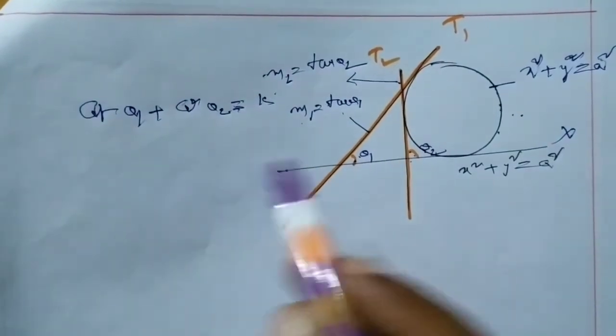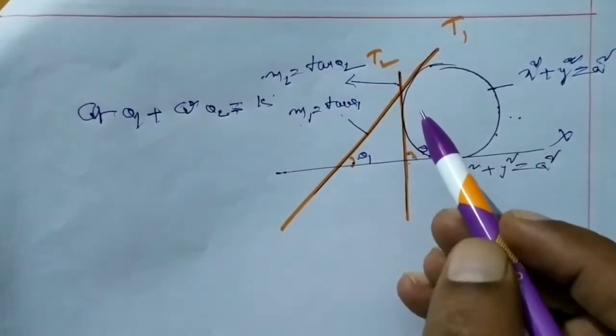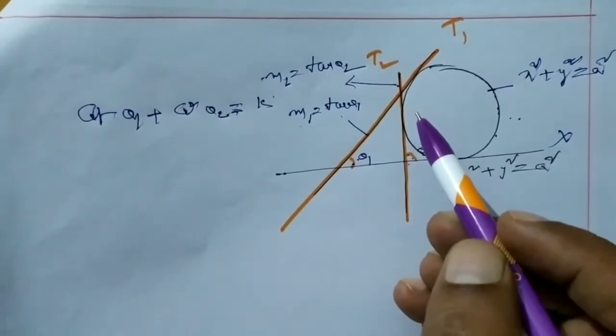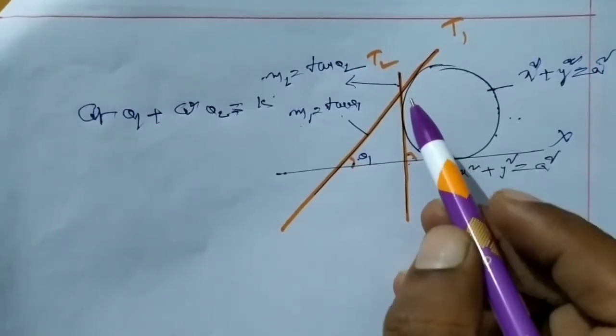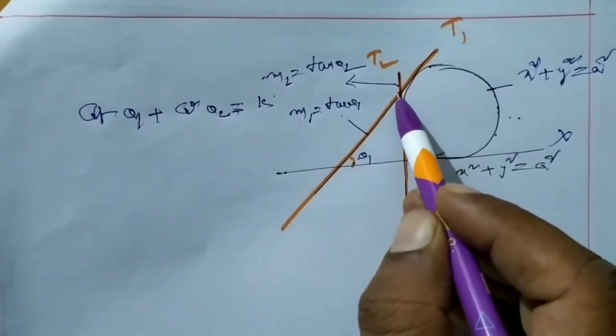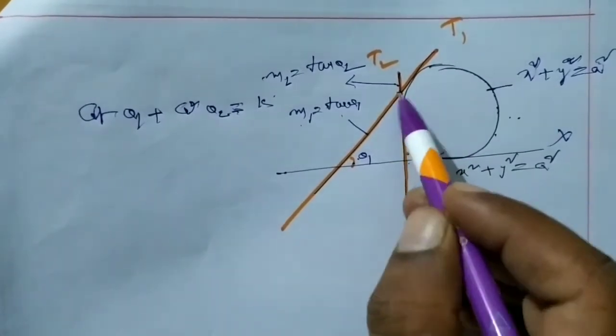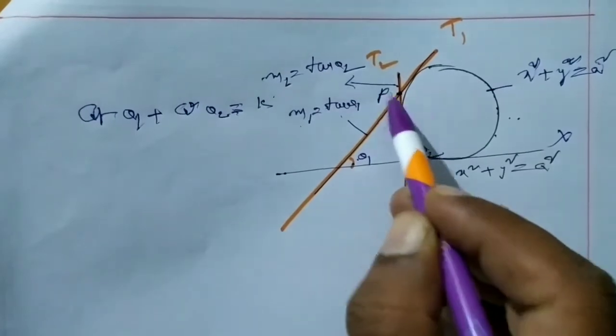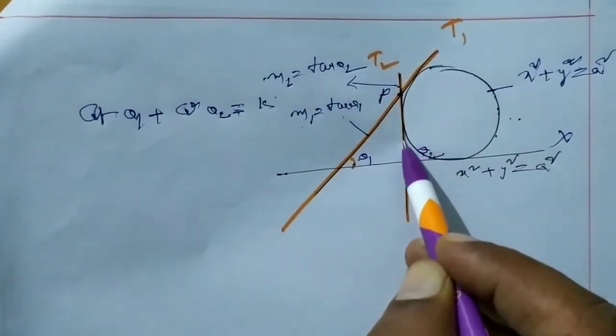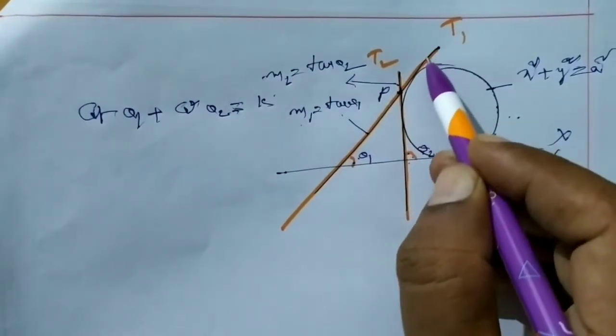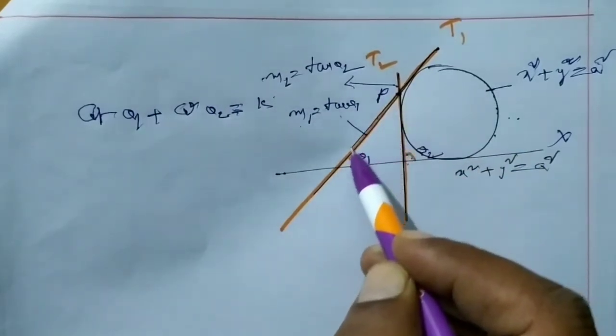Using this condition, we need to find out the locus of the point of intersection of tangents. Suppose from this point P, one tangent is drawn to the circle and another tangent is drawn to the circle.